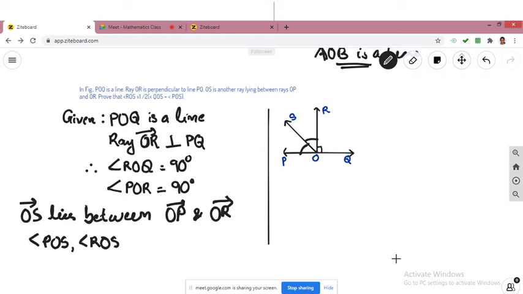So can we say that angle POS and angle SOR are adjacent angles? They have a common vertex O, a common side OS, and the non-common arms are lying on either side of the common arm. So can we say that these two angles are adjacent?